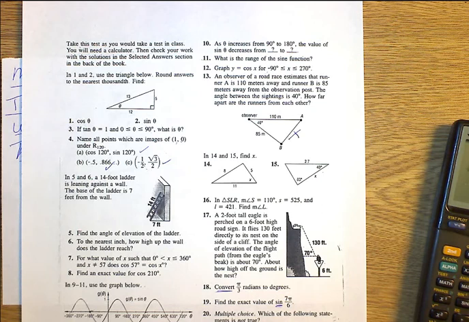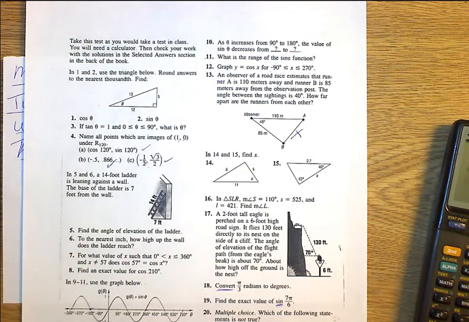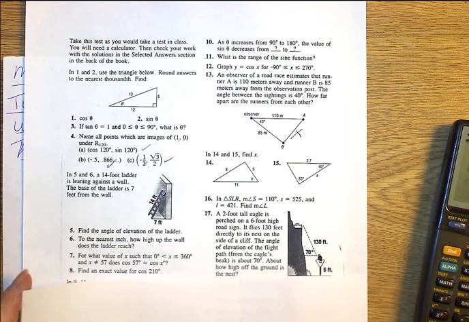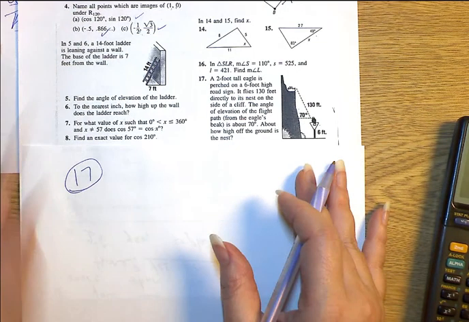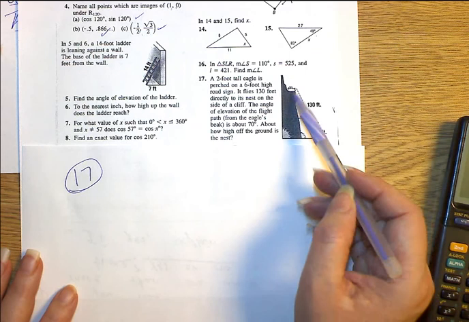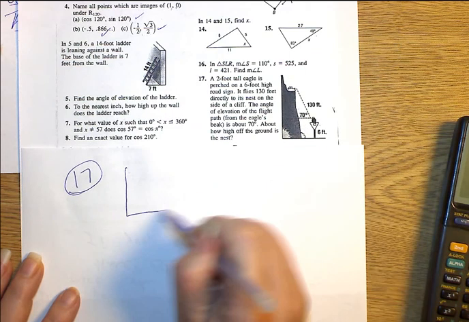Questions on 13. All right, on 17, what they have here is a right triangle.